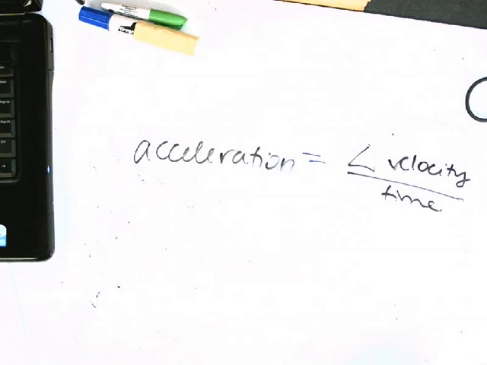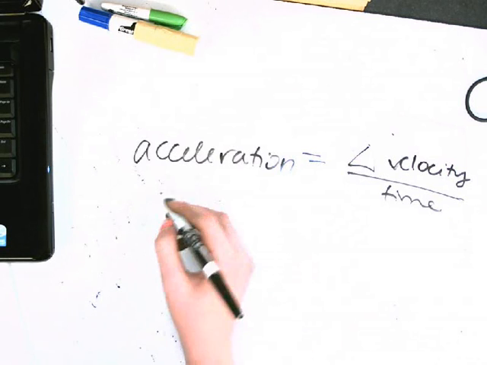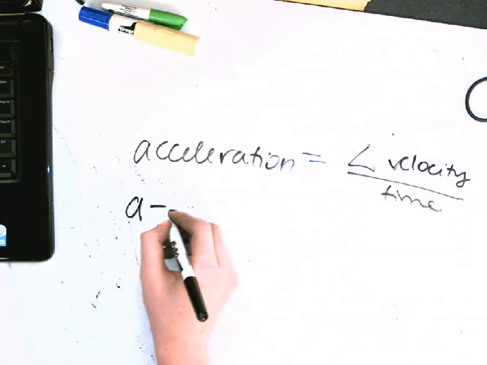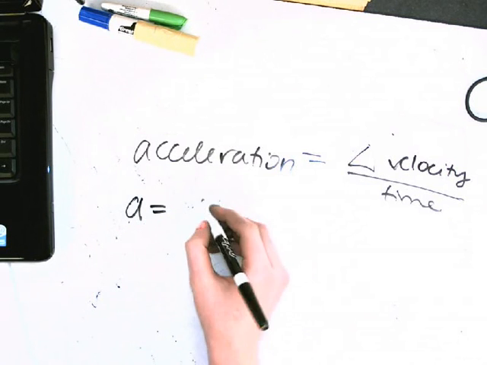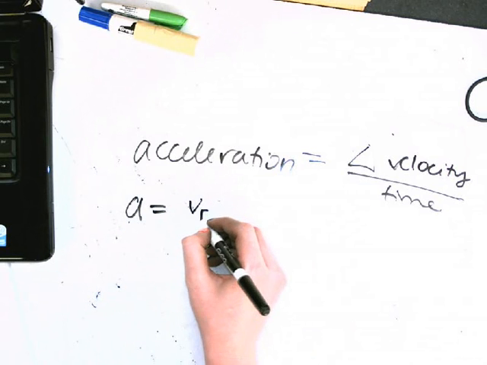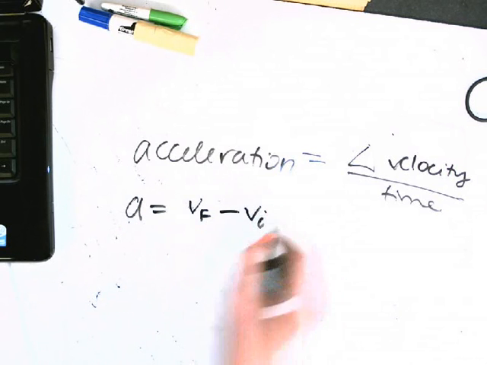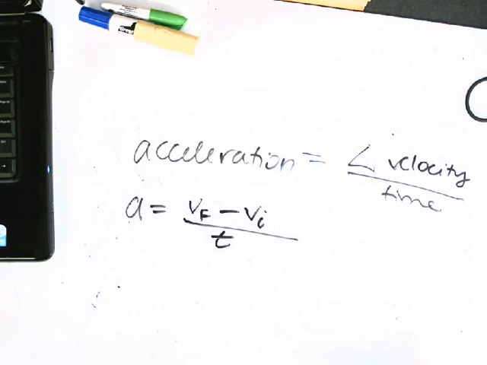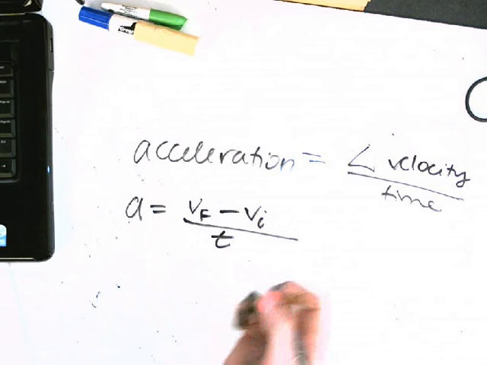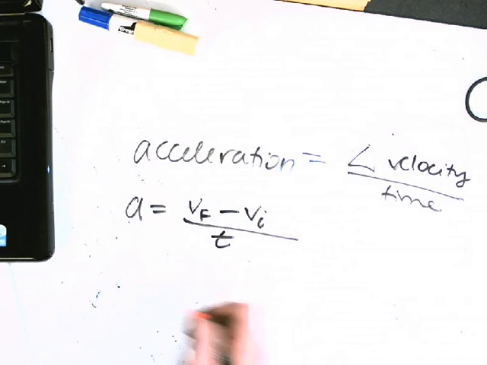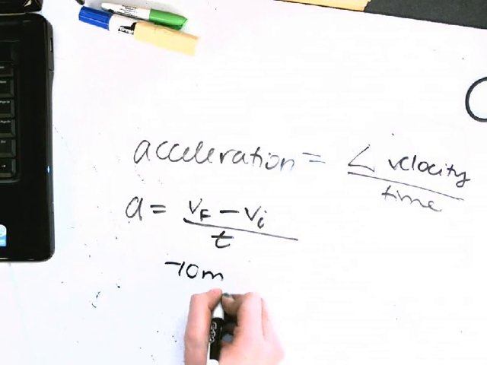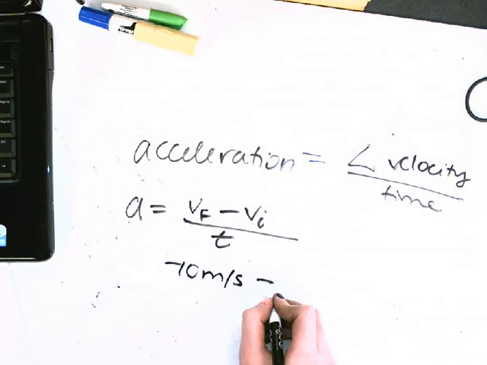Another way you can write this is your acceleration is equal to your final velocity minus your initial velocity over the time. So, let's say that your final velocity is negative 10 meters per second, and your initial velocity is 5 meters per second.